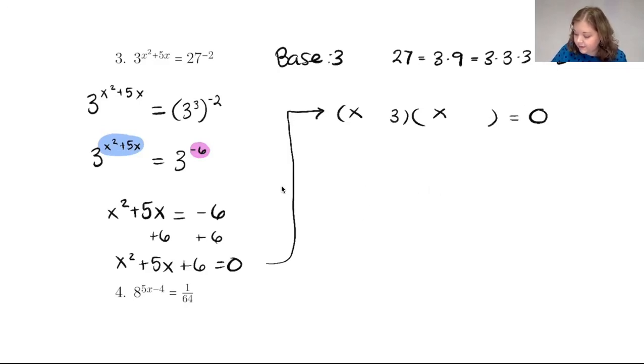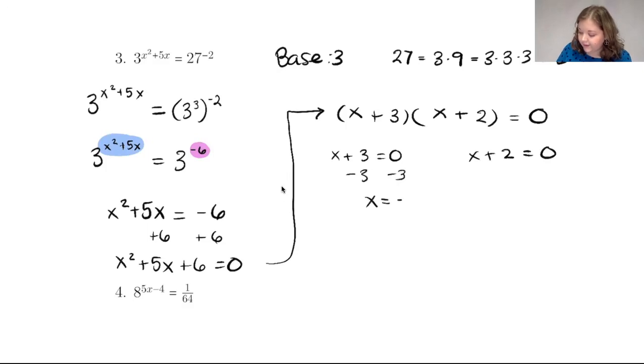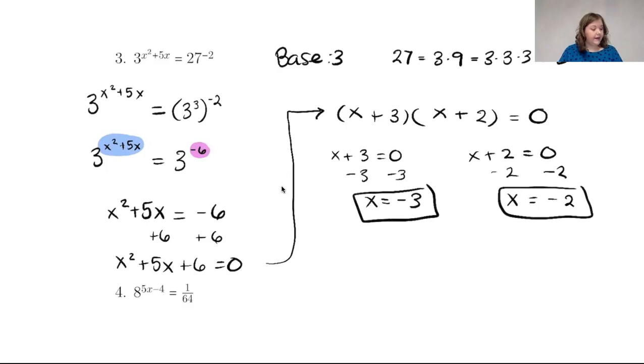So 3 and 2, and then if we want a positive 6 and a positive 5x, we're going to have to make them both positive. Okay, so now we'll set each term equal to 0, x plus 3 equals 0, x plus 2 equals 0, subtract 3 and get x equals -3. Subtract 2 and get x equals -2. So in that case, we will have 2 solutions.